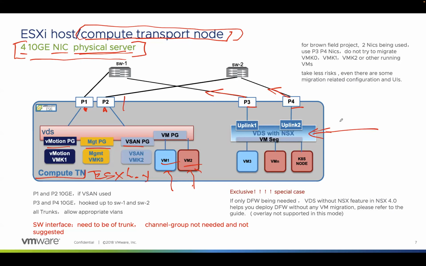Please refer to the compute transport node lab I already reported in the previous video for how to install your compute transport node. In this procedure, NSX just creates a VDS with NSX and assigns a new uplink 1 and uplink 2.